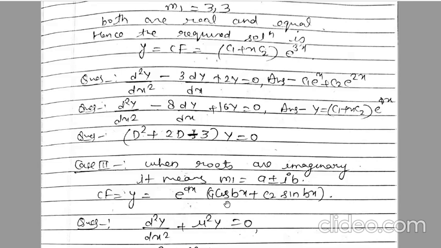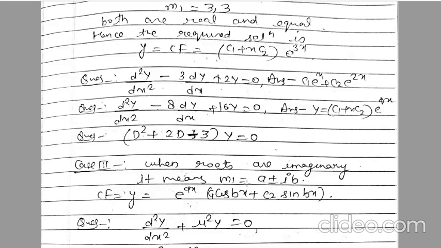Case third, when roots are imaginary, that means roots are of the type m is equal to a plus minus iota b. Imaginary means there will be an iota here, right? So complementary function is y is equal to e to the power ax. That means this part is the real part.